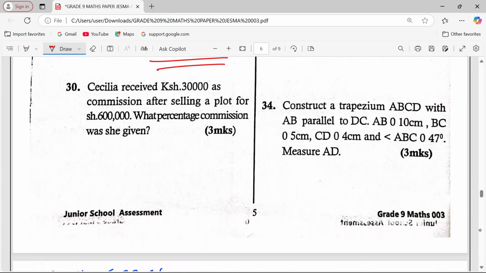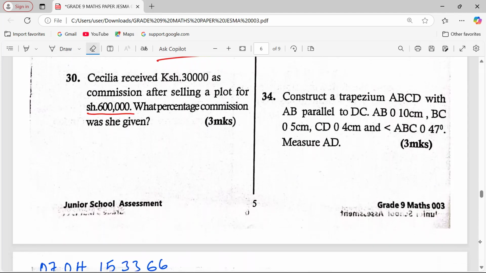So the sale of the plot gave 600,000. And we are supposed to know that commission is usually a percentage of the sales made.